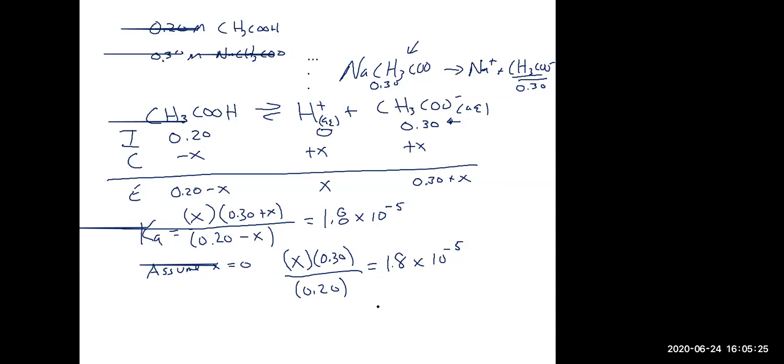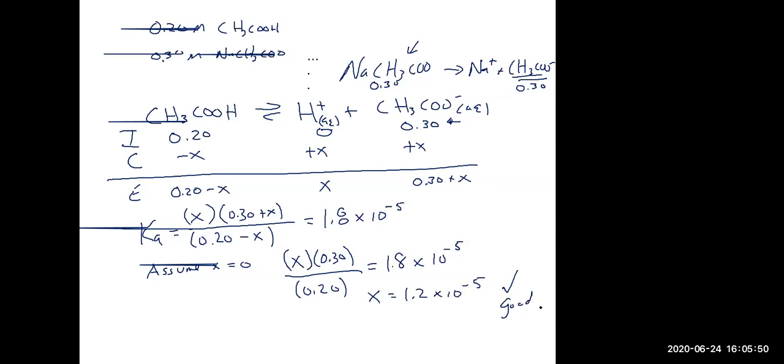So 1.2 to the minus 5 for our x. And again, if we check it, we're going to take that and divide it by 0.2, times it by 100, for example. And you get something like 0.006, which means it is good.